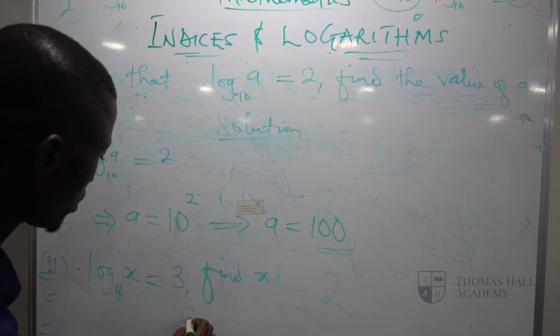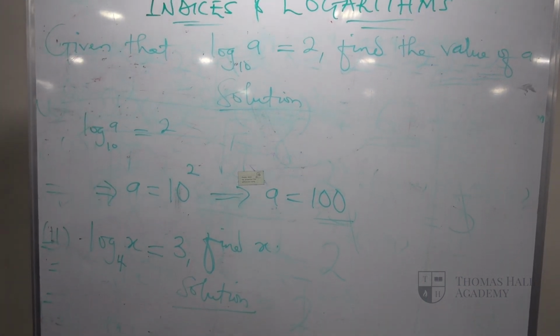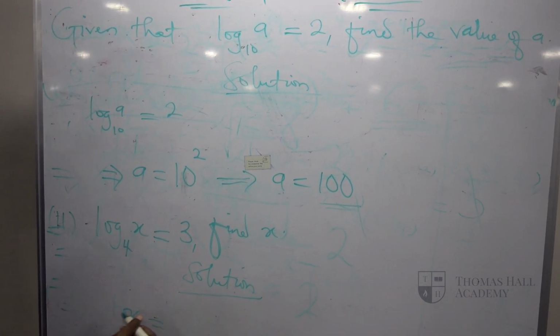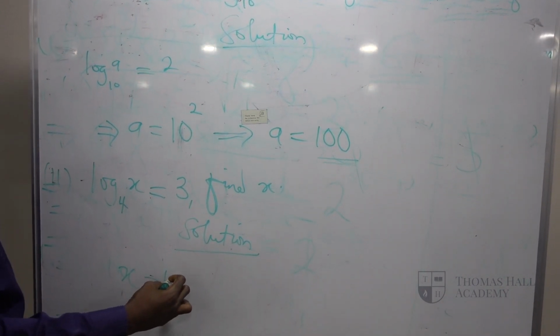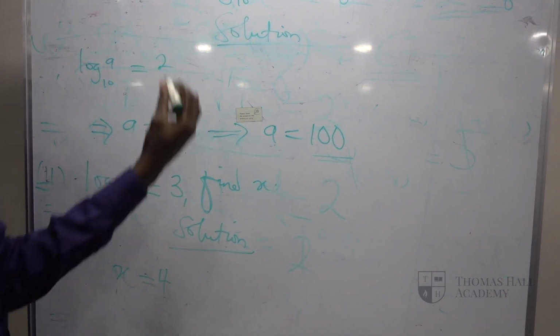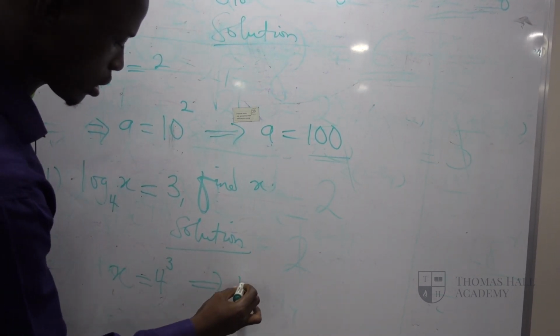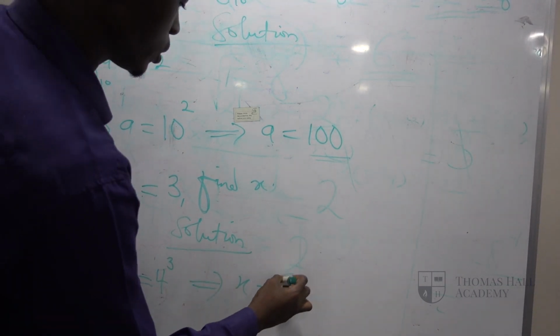Find x. Now, again, don't forget the logic. x equals this, forget about the logarithm. 4 comes here as the base, and then it pushes 3 up. Therefore, x equals 4 raised to the power 3. 4 times 4 times 4, which is what? 64.